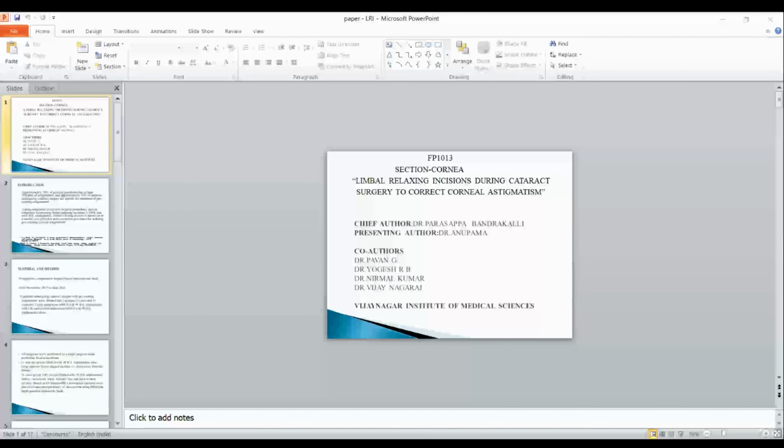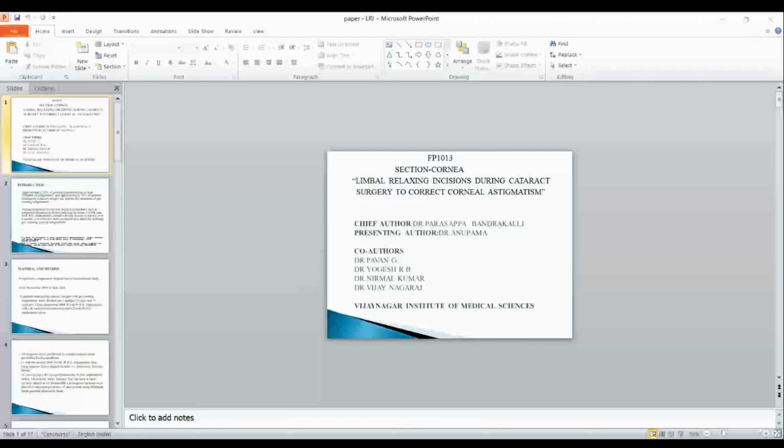Coming to discussion, when I compare my results with other studies, in our study the mean preoperative astigmatism is 1.59 diopters, post-operative 1.2. The mean astigmatic reduction is 0.39 diopters. In the Sharma et al. study, the mean pre-op astigmatism is 2.08, mean post-op is 1.05.